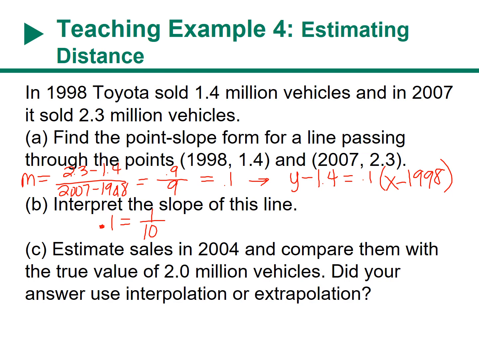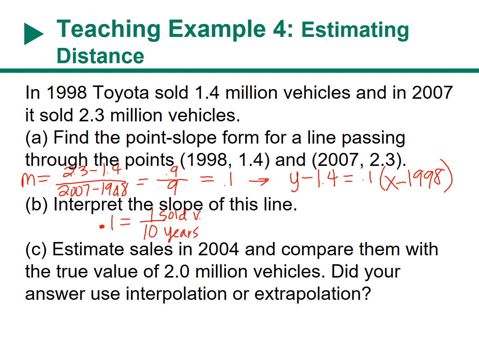And what does the denominator represent? The years. So if I have sold vehicles and I have years, what is my slope telling me? Every 10 years, 1 million. There we go. Every 10 years, how many vehicles are sold? 1 million. Because it's not just one, it's 1 million vehicles.